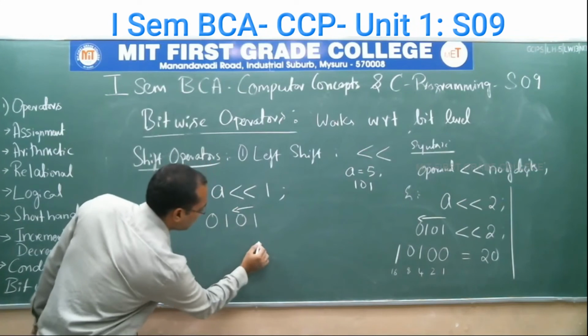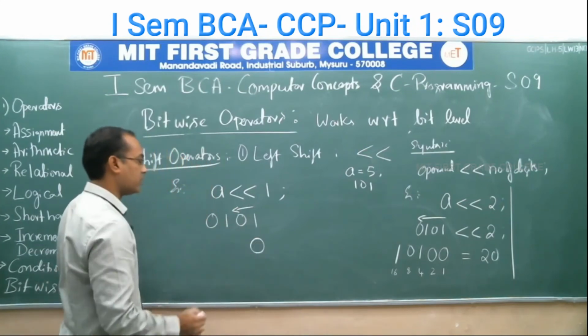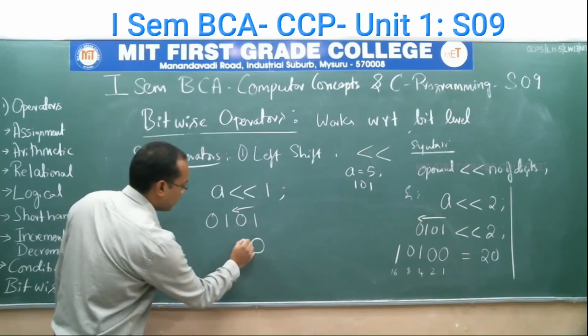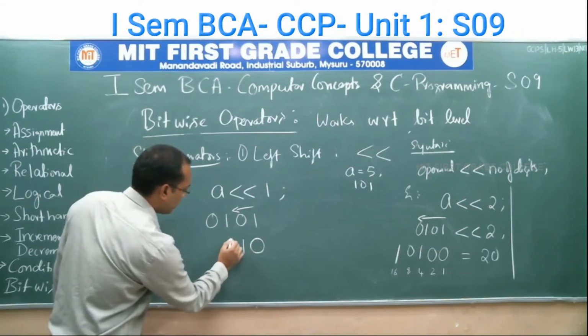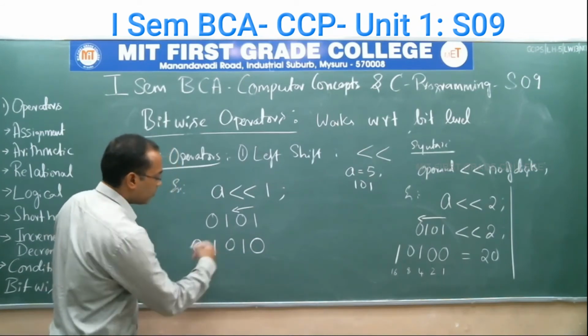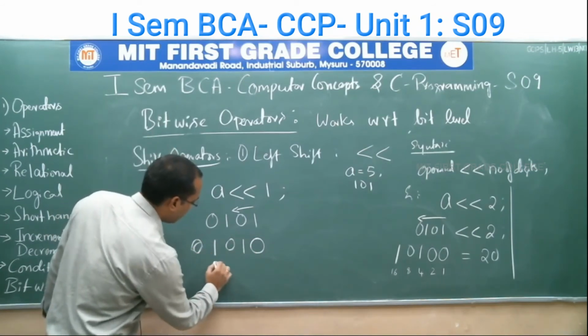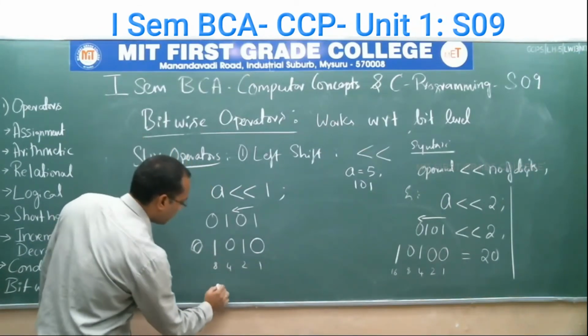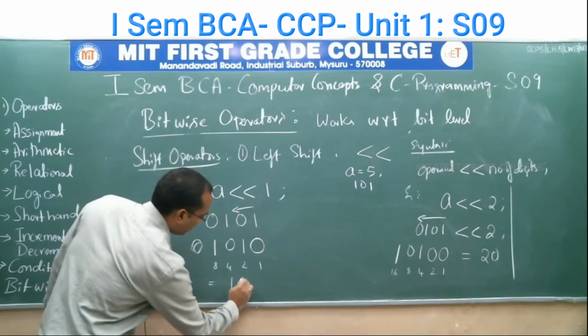So one time means you only have to introduce one 0 at the beginning, and move this to the left. 1 0 1 0. Okay, so now compute the decimal form. 8 4 2 1. So what is the value? You got the value 10.